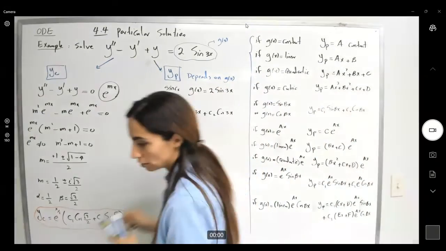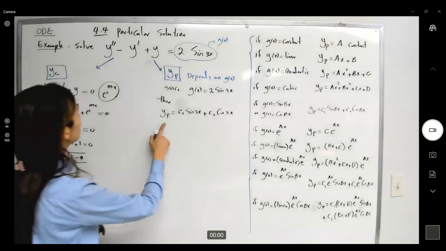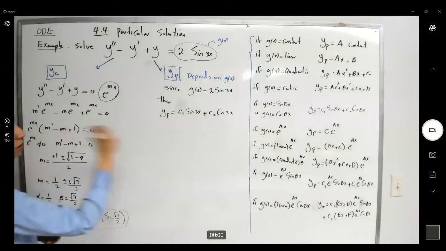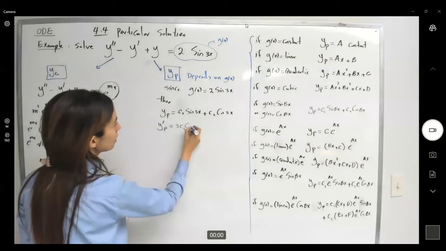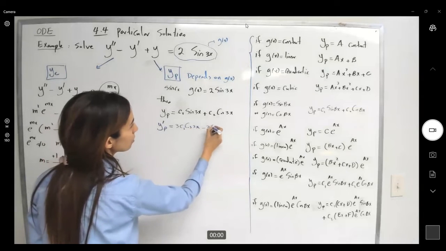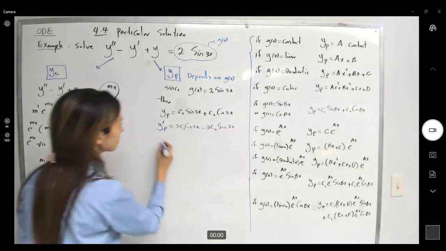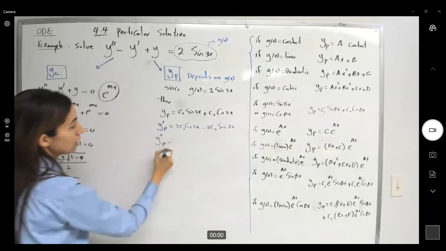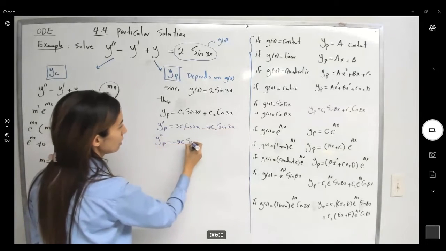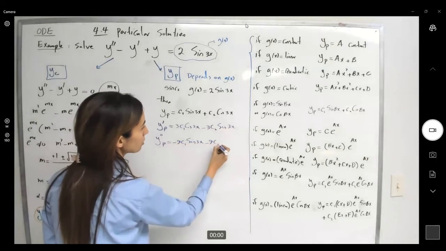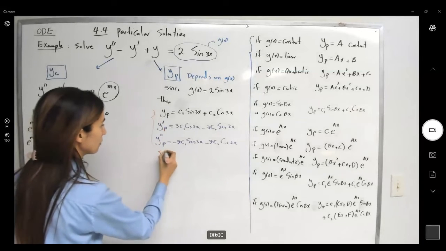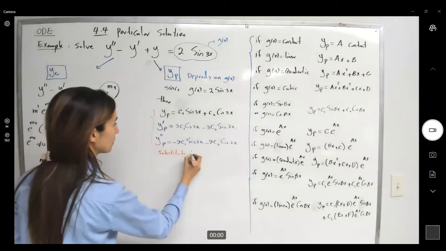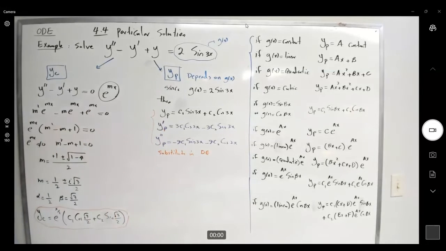So we need to find the derivative of yp and the second derivative and plug that into the differential equation. Y prime p is 3c1 cosine 3x minus 3c2 sine 3x. The second derivative of yp is equal to negative 9c1 sine 3x minus 9c2 cosine 3x. Okay, substitute in the differential equation.